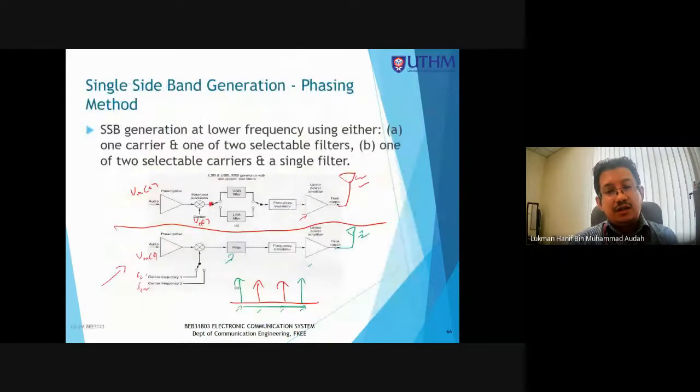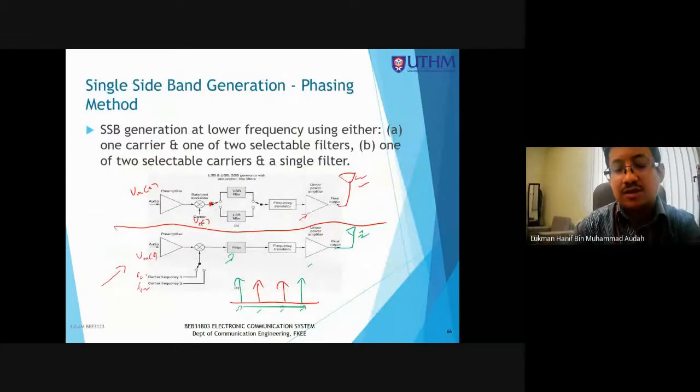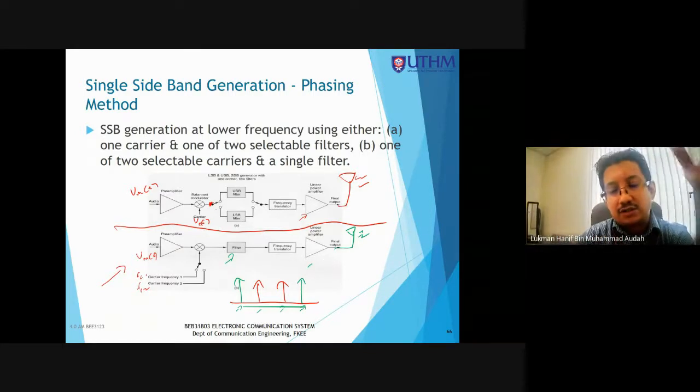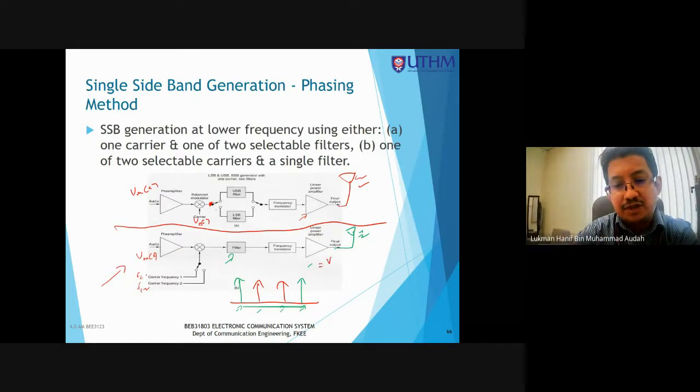Okay. So kita akan lihat proses darab yang berlaku di sini adalah bermakna pada balance modulator dia akan melakukan proses darab antara VCT dengan VMT. So VCT multiplied with the VMT. Okay, and you see that from here VC sine 2 pi FCT multiplied with VM sine 2 pi FMT.